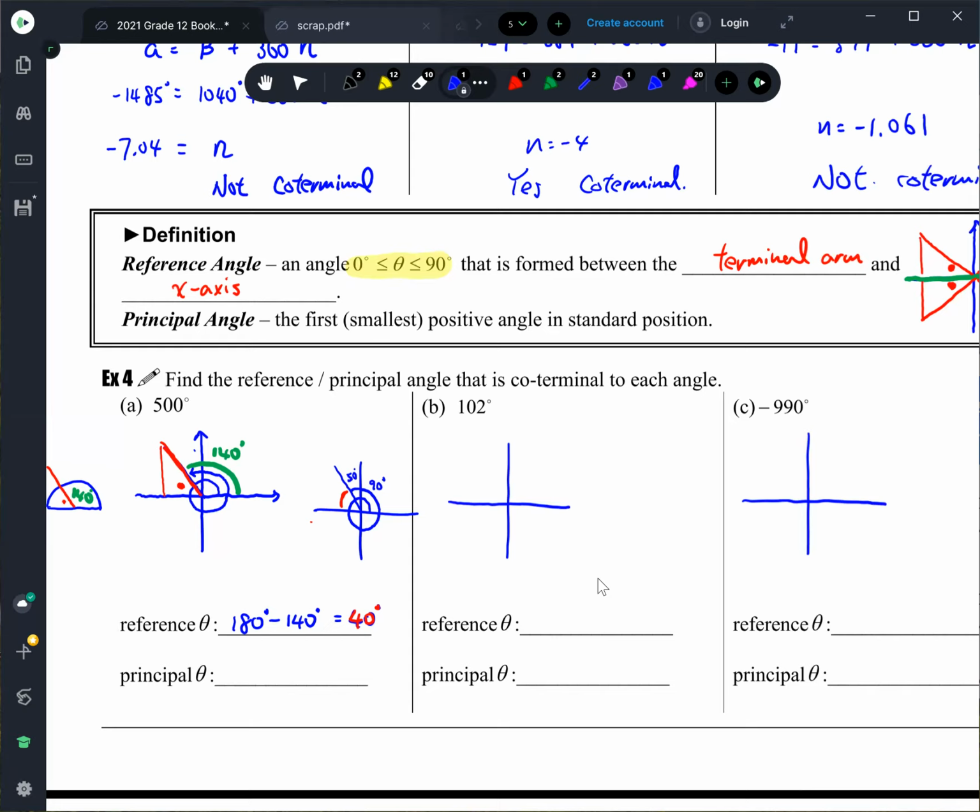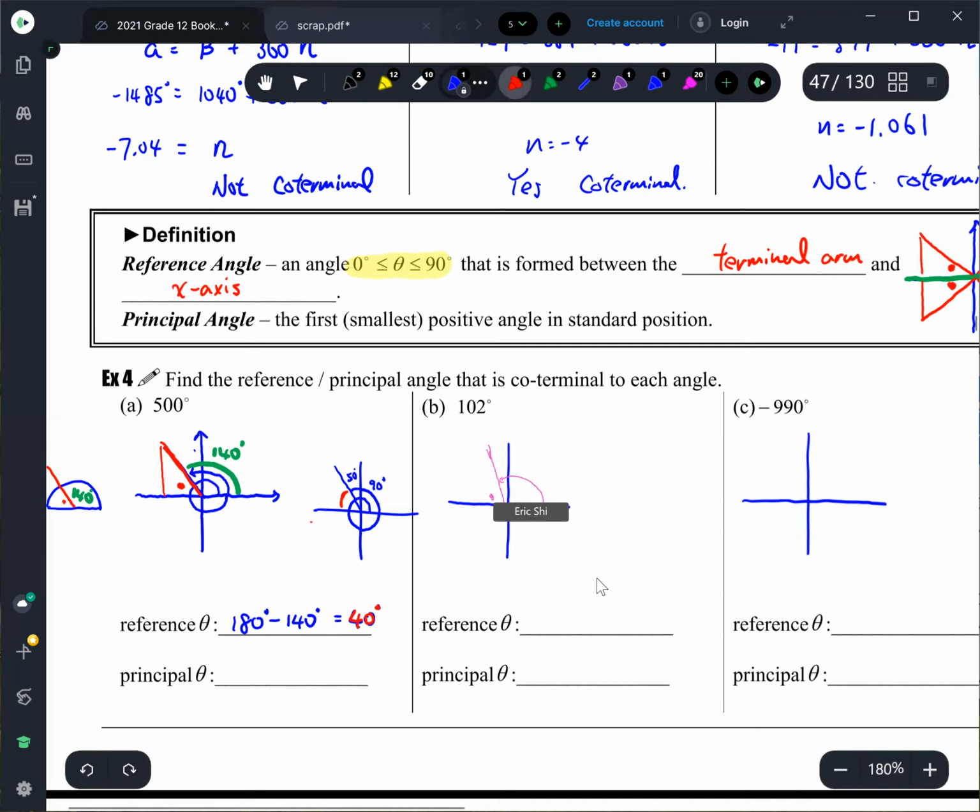Okay, we'll check the picture first. So Eric, can I have you show the picture for B? And the terminal arm. Yep, very good. And yep, that's the reference angle. Very good.